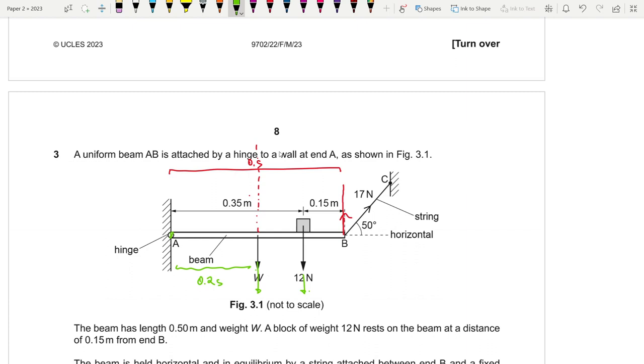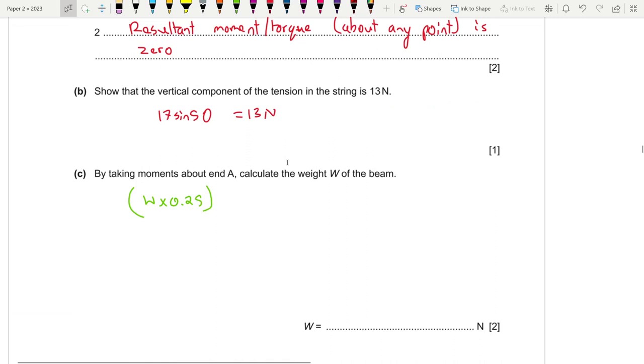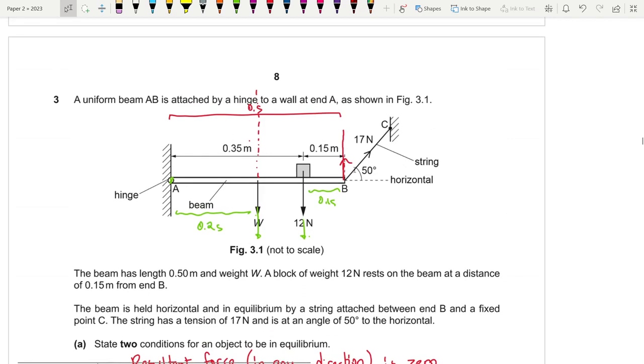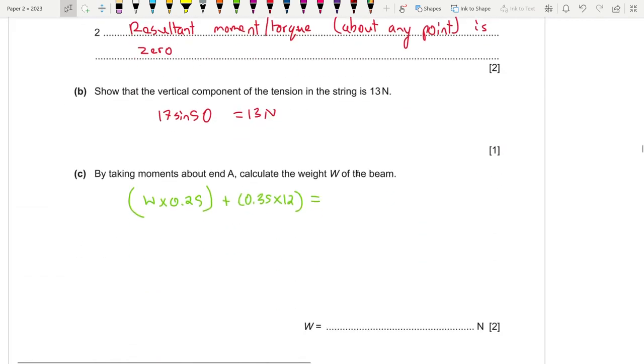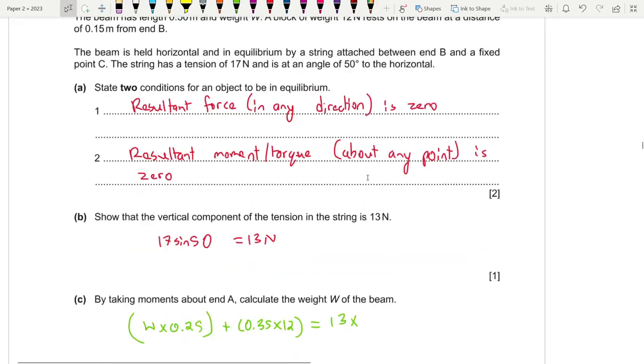What should the distance be though? Basically, it's 0.15 meters from end B and 0.35 meters from end A. So it's going to be 0.35 times 12 newtons, and that's balanced by 17 sine 50, the vertical component, 13 newtons, right? Times the distance, which is 0.5 in total.